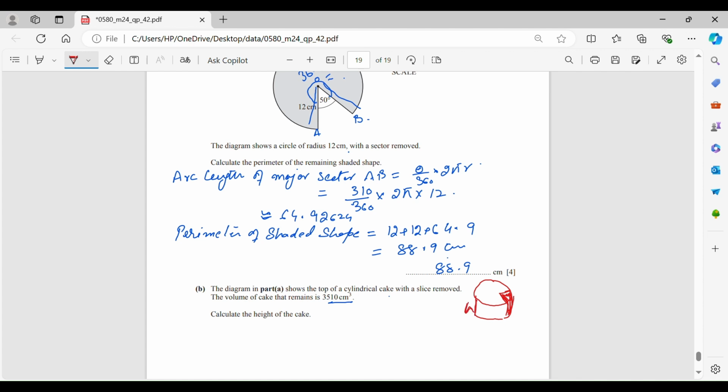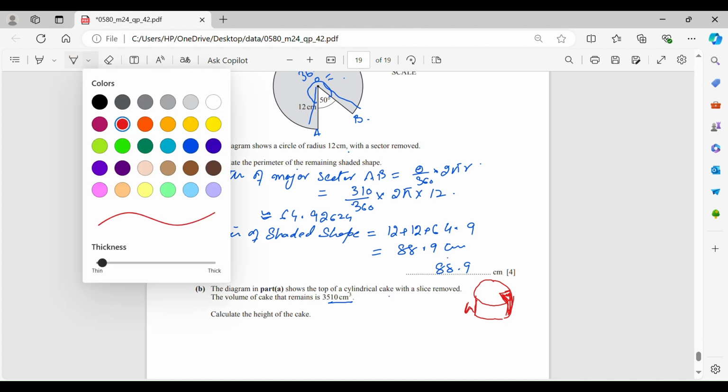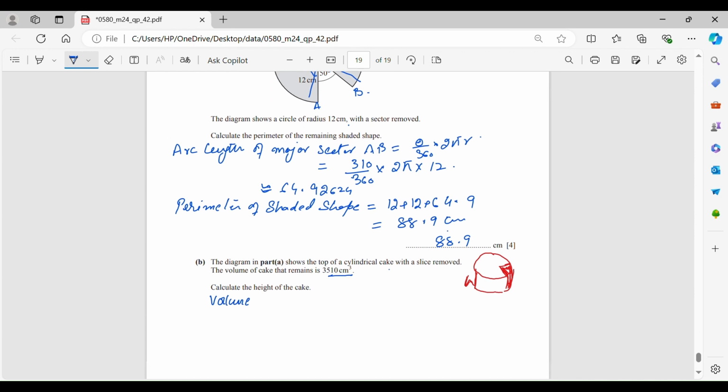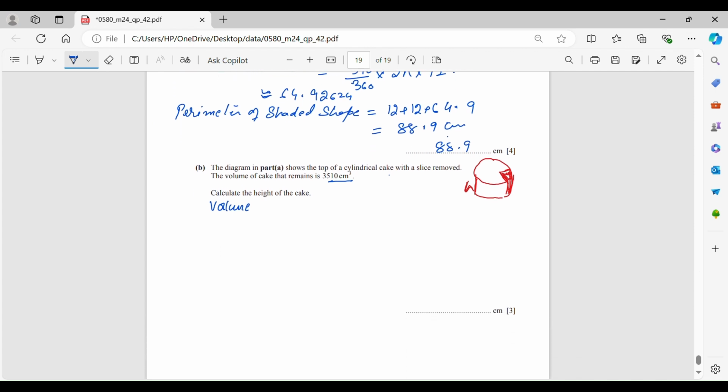Let me change the color of the pen. The volume of the cylinder we know, right? Volume of cylinder is equal to pi r squared h. What is this? It is the area of this, so this can be written as area into height.